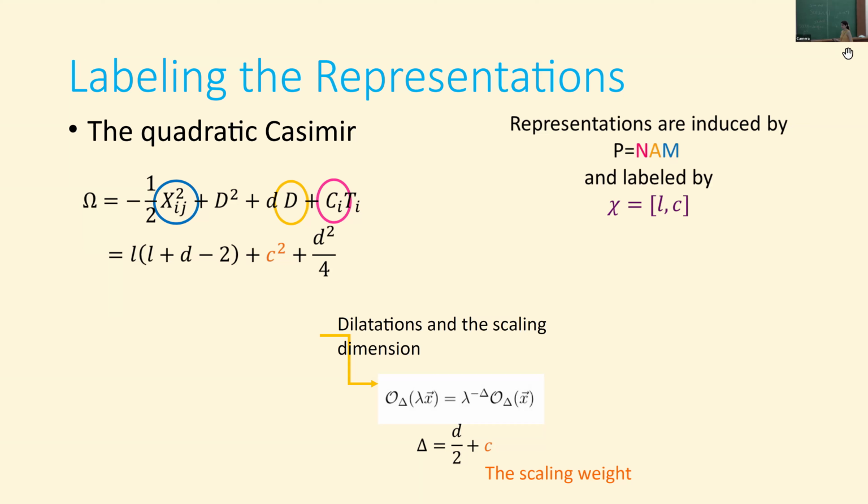That must be a particular state. So then there's some distinguished state.